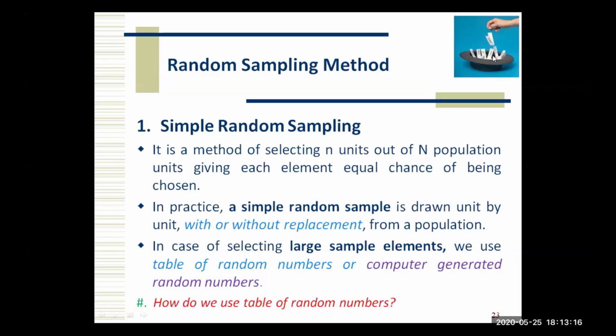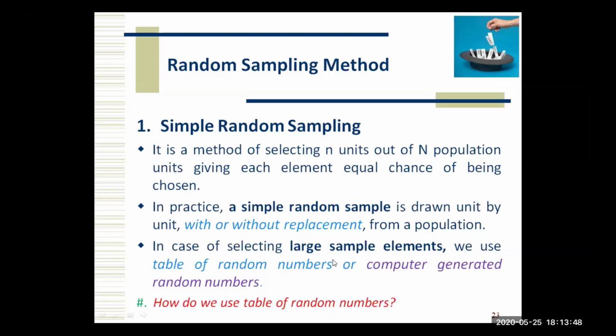That is a random sampling method without replacement. Once we draw a name, we will not replace that selected individual in the hat. Depending on circumstances, it might be with or without replacement. But this is for a very small sample size.